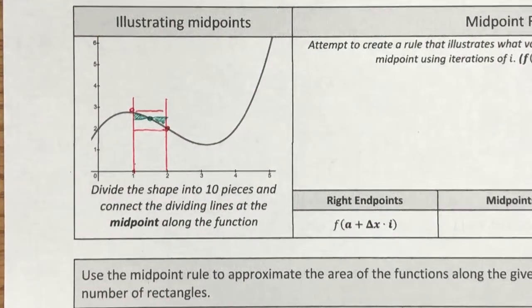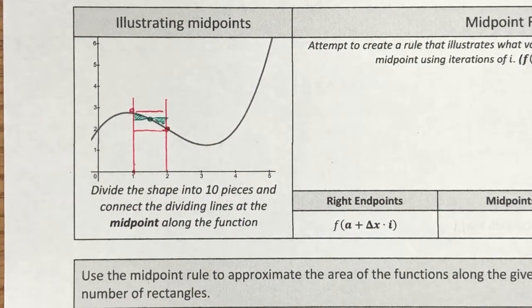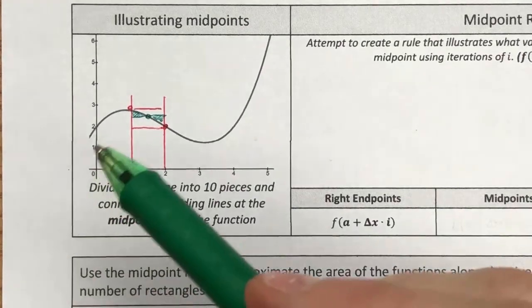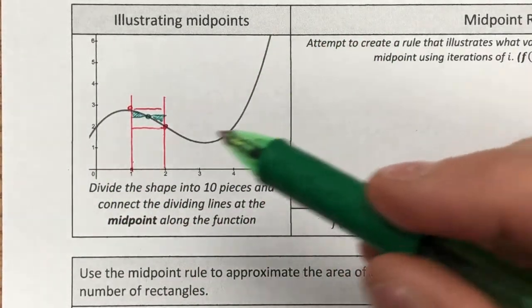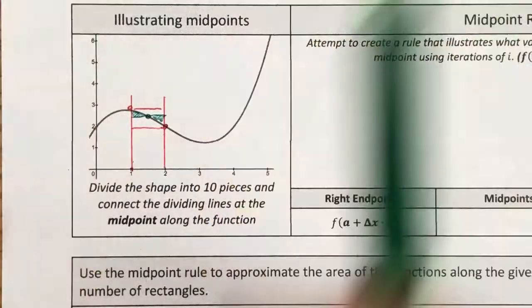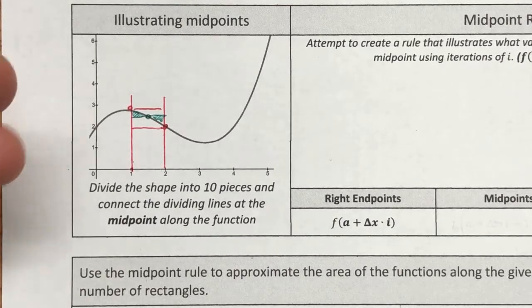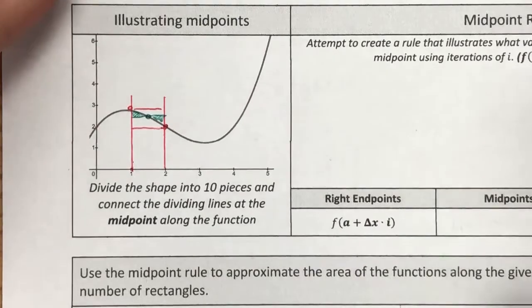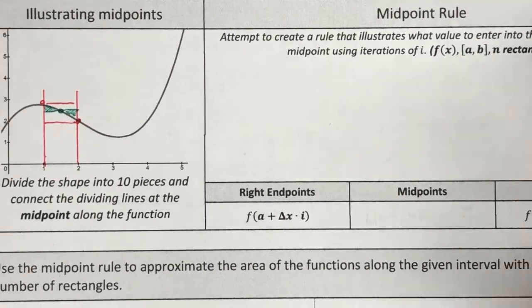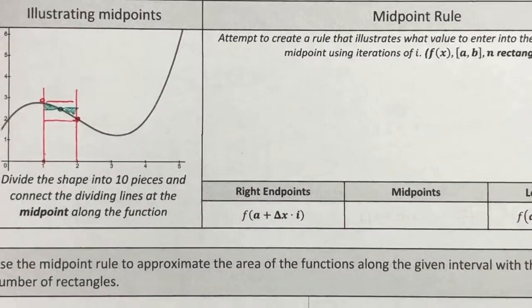So it offsets itself much more closely to the actual area of the graph, and especially if done over multiple iterations in a small enough delta x, it's a much more accurate estimate, and we don't need to wedge in our previous guesses where we were doing highs and lows and we know it's between two values. This is a good estimate if we just want a singular number. So the idea of what we're going for here is how would we illustrate a rule for that?